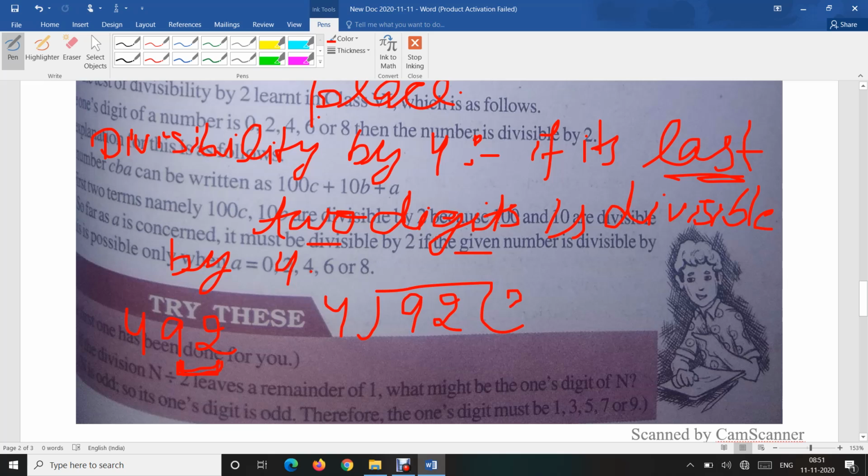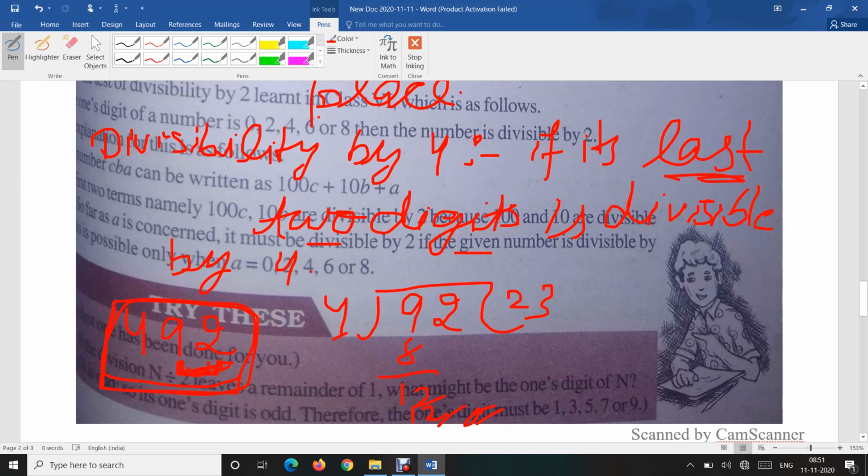Then see, 4 2s are 8, remainder is 1, 4 3s are 12, remainder is 0. Then you can say the remainder is 0, so this 92 is divisible by 4. If this 92 is divisible by 4, then this whole number, this complete number, is divisible by 4.